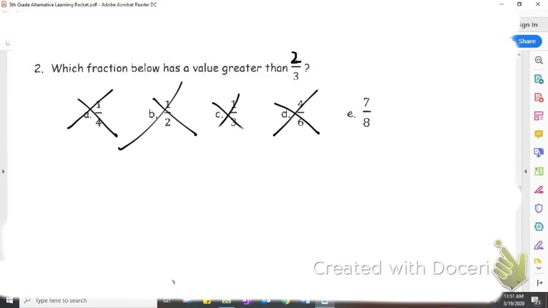It might help us here to divide out these fractions. I want to make sure I give myself enough space. Let's do this. 7 divided by 8.